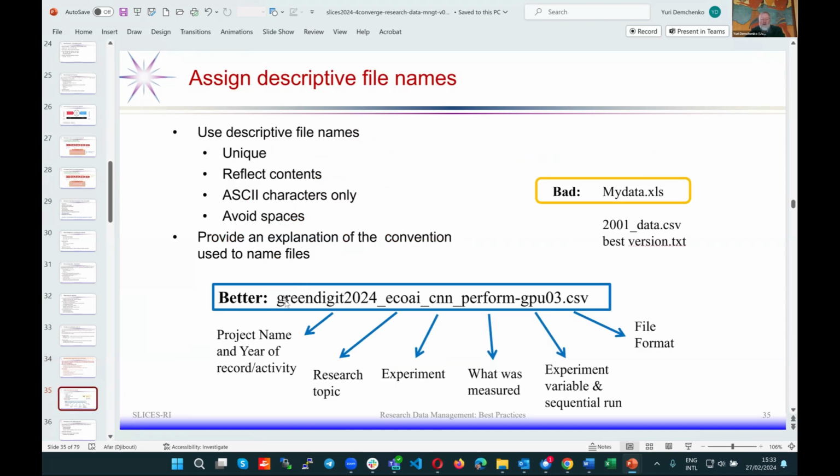For example, we have a project Green Digit, and in 2024, it made an experiment, or computational experiment, on the environmental impact of artificial intelligence using CNN, convolutional neural networks, and the experiment was related to performance analysis using GPU.